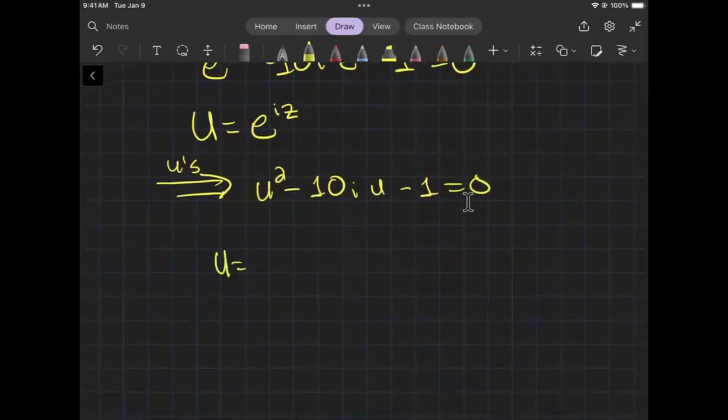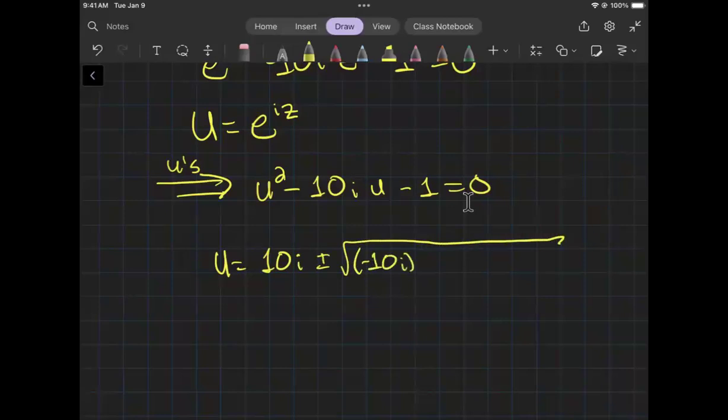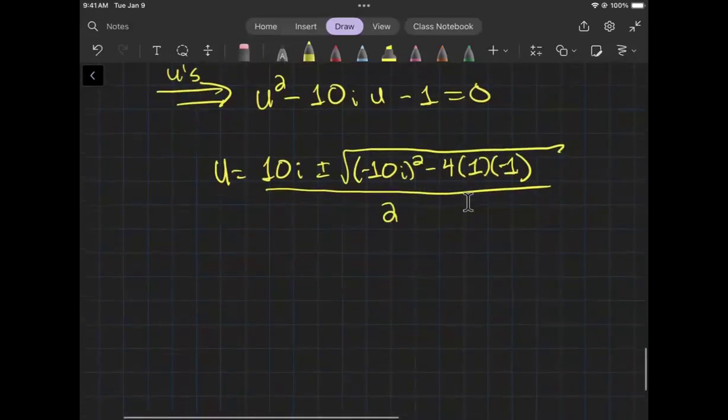So u is equal to 10 times i plus or minus the square root of minus 10i squared minus 4 times a times c over 2 times a. A is 1, so the a is 1 plus 0i. C is minus 1.